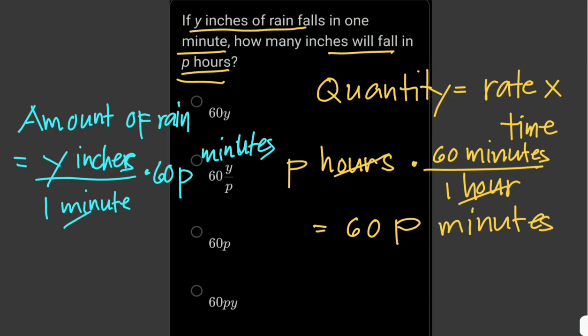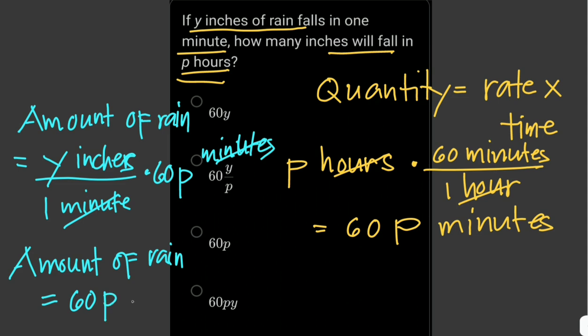The minute unit here cancels out, then we're left with the unit inches. Then multiplying that, the amount of rain is just equivalent to 60py. Therefore the answer here is 60py.